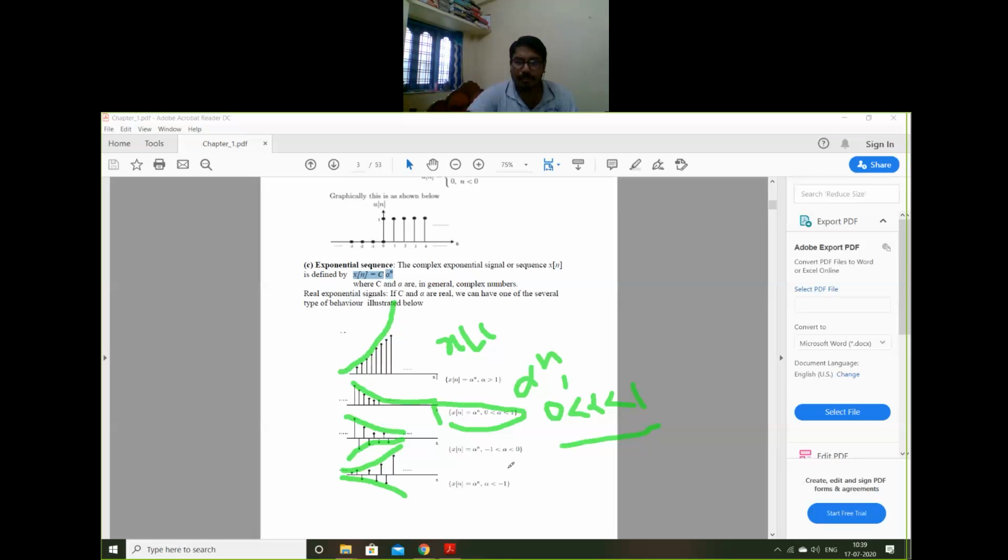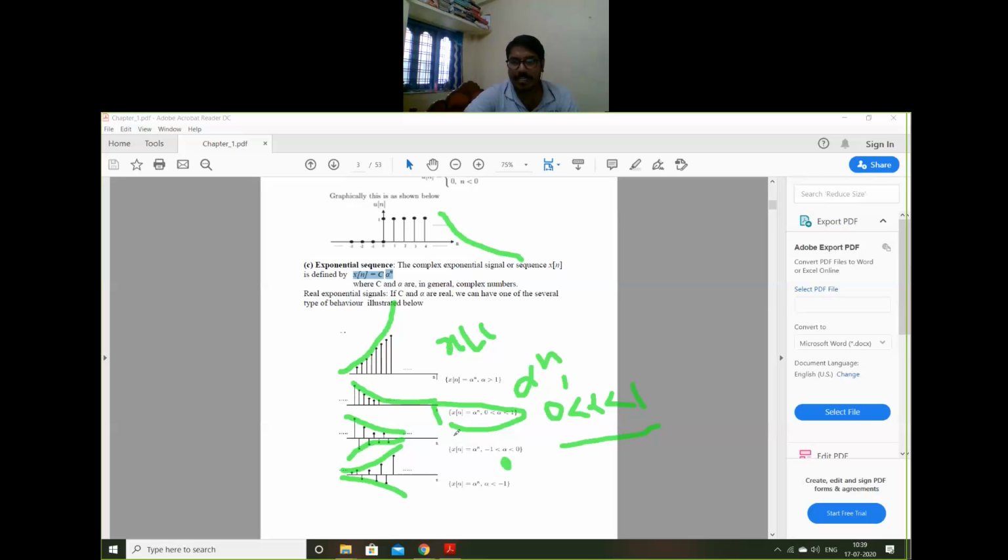If I put 0.1, then 0.1 squared. So what happened is when I put 0.1, 0.2, the value keeps decreasing as the power increases. So this one is a decaying exponential.